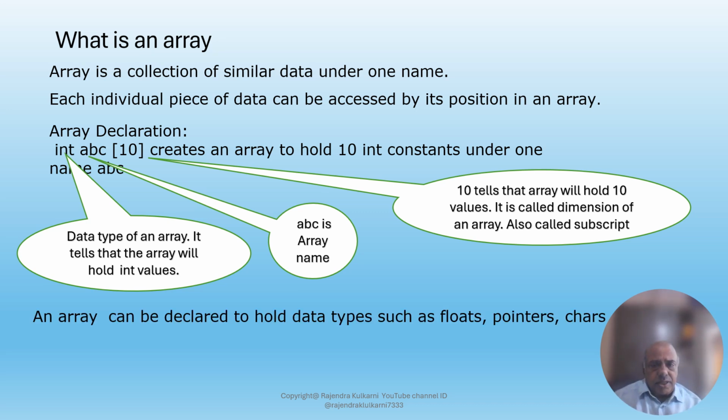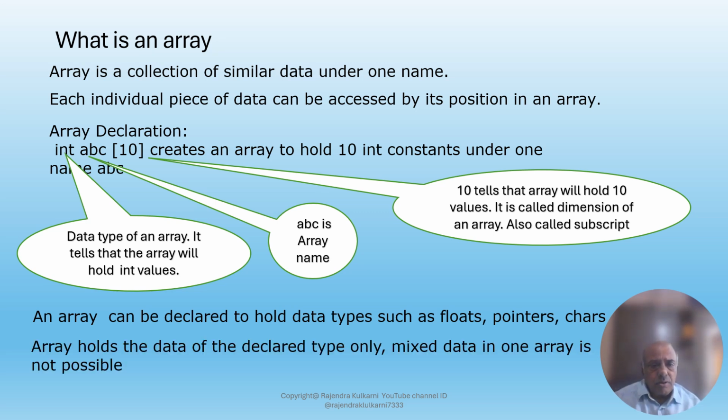We can declare arrays for all the data types available to us in C: floats, chars, pointers. One by one we will see all these. The only limitation of an array is it can hold only the declared data type constants.